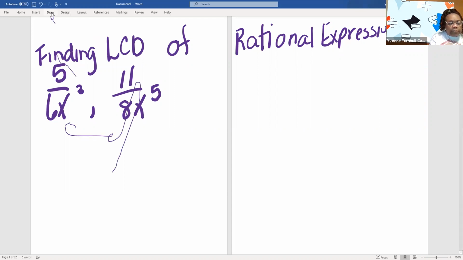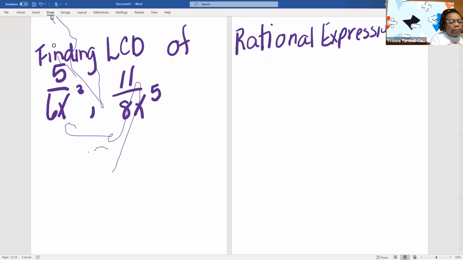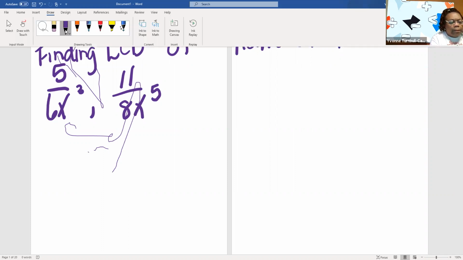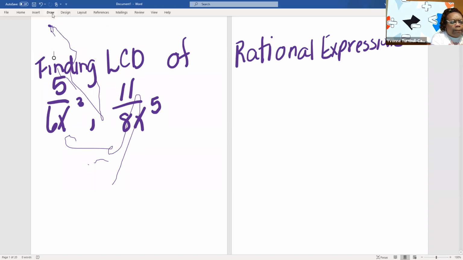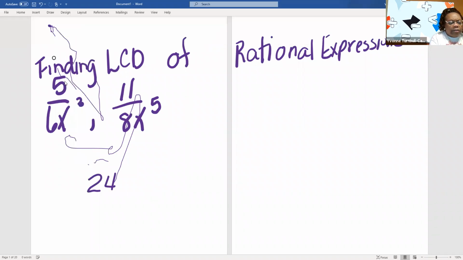So my GCF is going to be 24. That's going to be my GCF for the numerical part of my denominator.